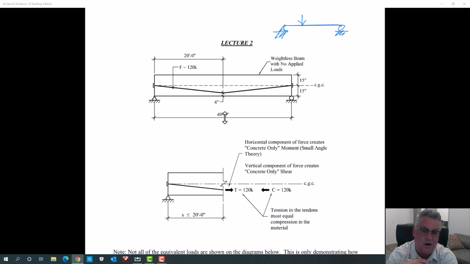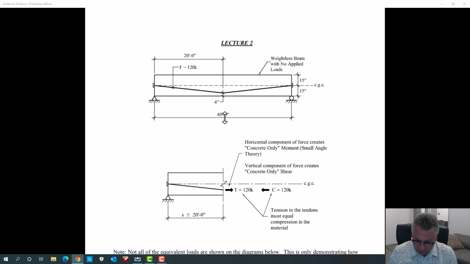Statics doesn't care. That's the point. Statics doesn't care if that's a bamboo stick or a steel beam or a wood, sawn lumber or glulam beam or a concrete beam. Statics is statics. So you may have had a pre-stressed concrete beam. Who knows?